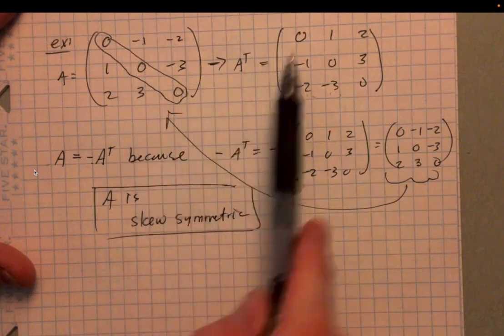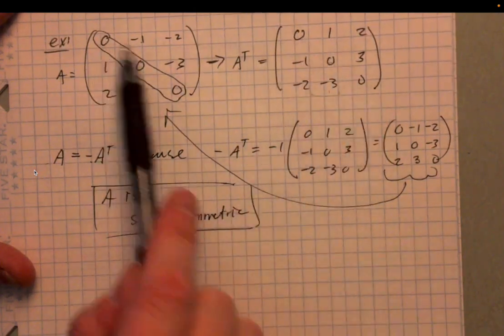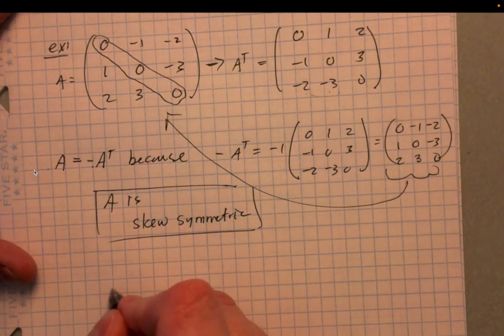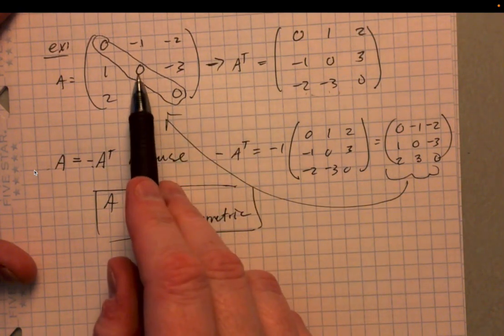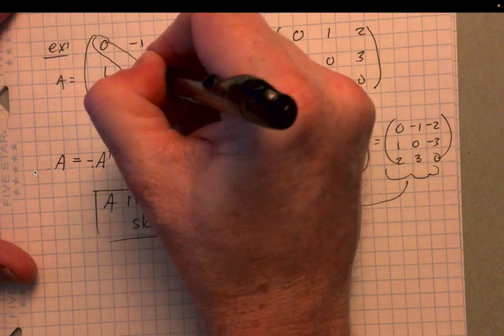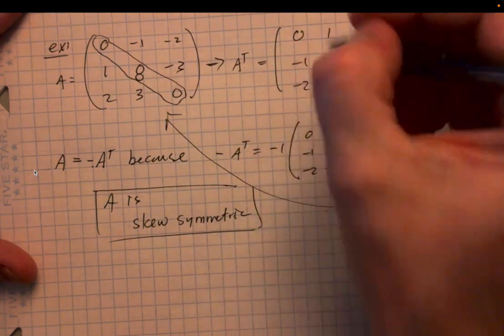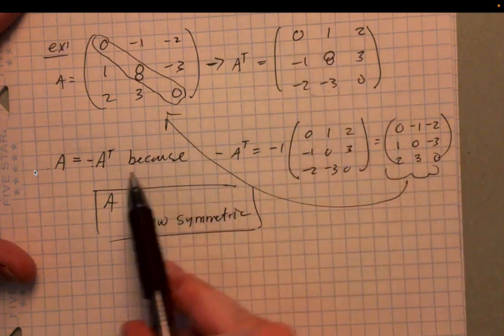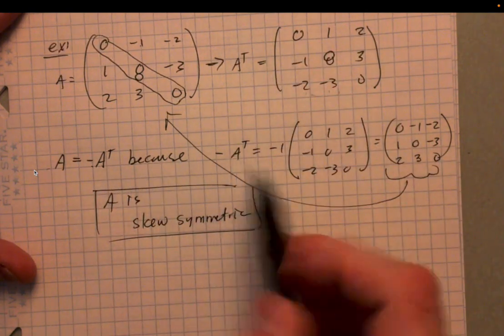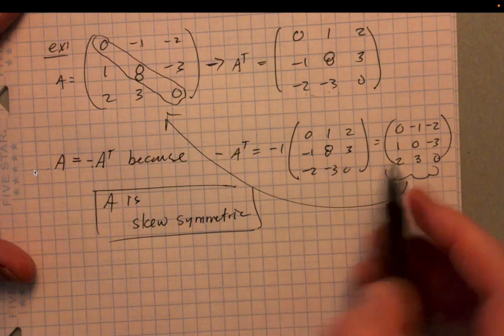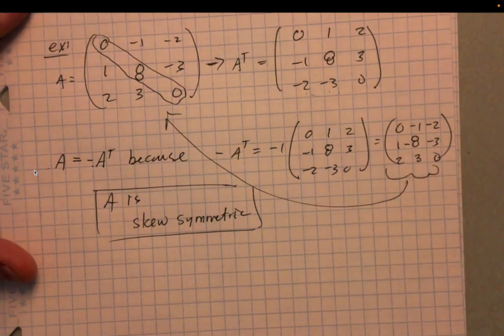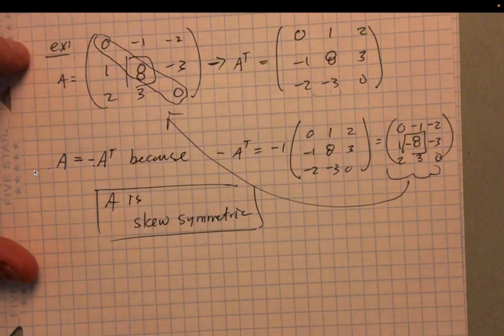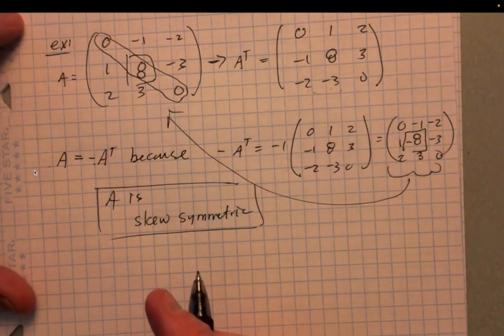The 0, 0, 0, they all stay in the same place. But A is equal to negative A transpose. So let's just say that one of these entries was 8 instead. Then if I multiply A transpose by -1, the 8 becomes -8. And then in that case, they don't align.